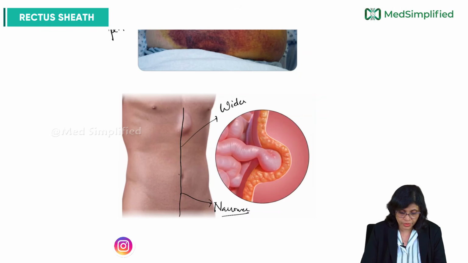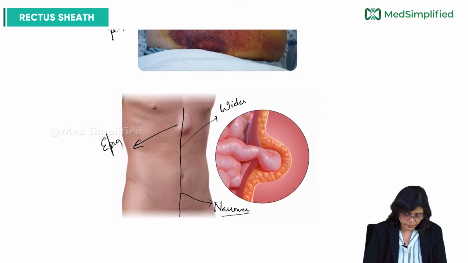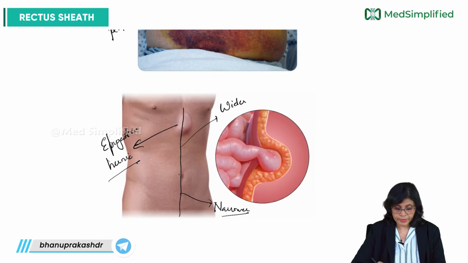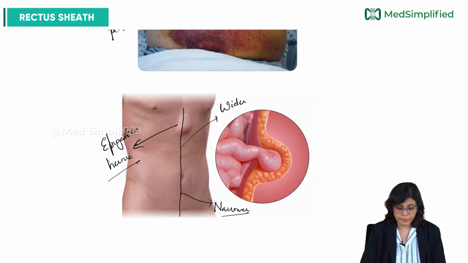That is why we call it the epigastric hernia. I told you the linea alba is wider in the upper part above the umbilicus, about 1 centimeter wide.